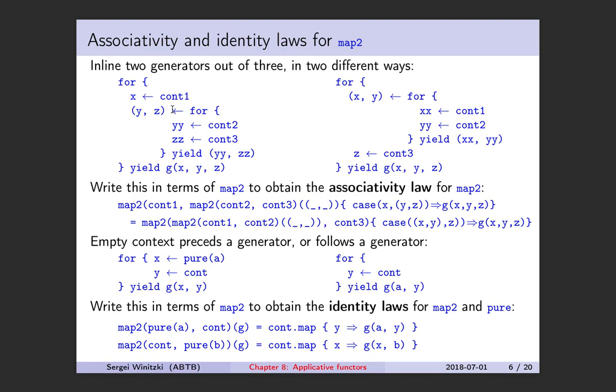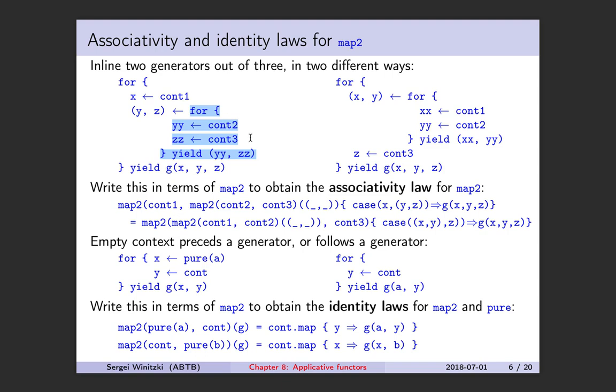Now, if we rewrite that, the idea is that we have three containers, and we have a function of 3 arguments, let's say. And then we first go over the first container, and then yz go over the second container. Now we need to do this rewriting because we need to formulate everything in terms of for yield blocks with just 2 lines, because that's map2.